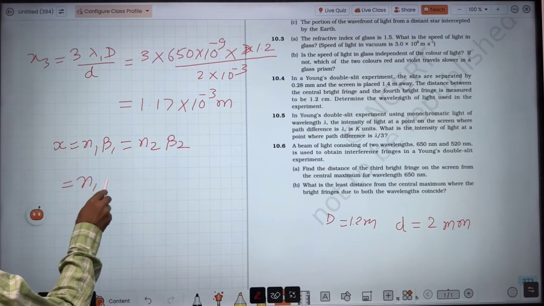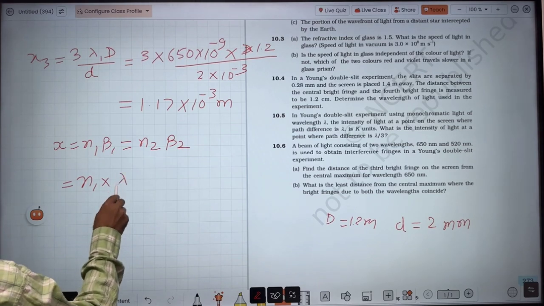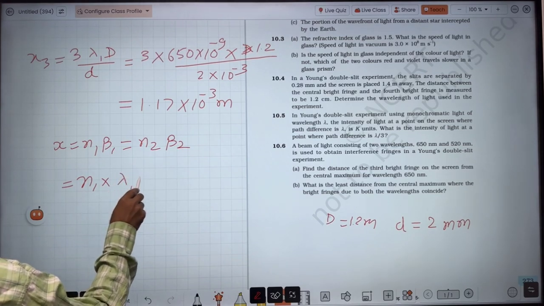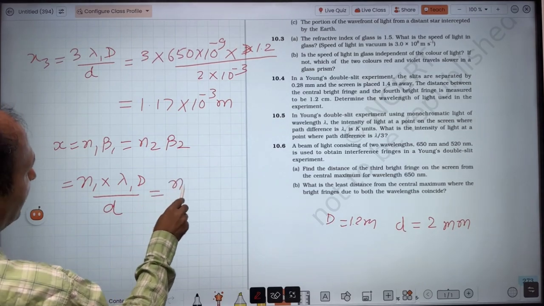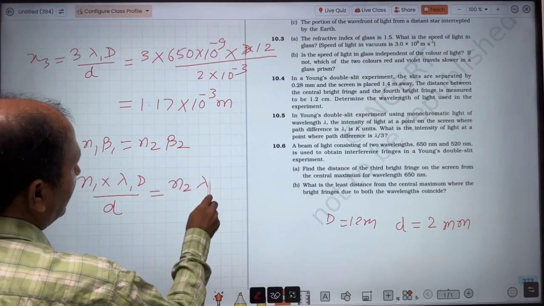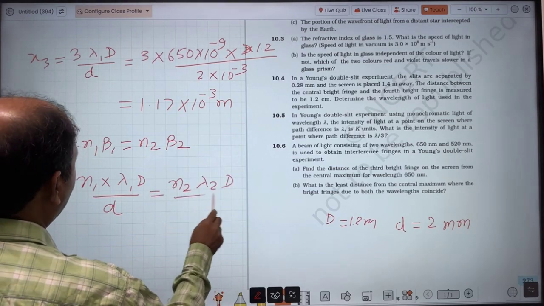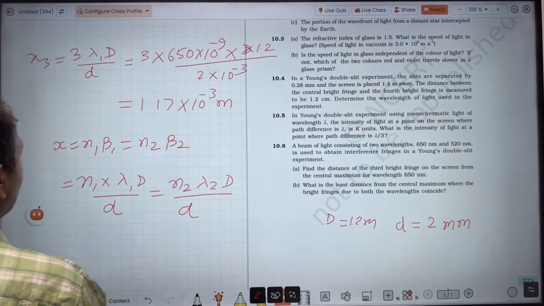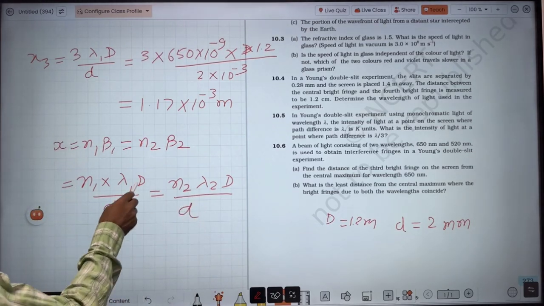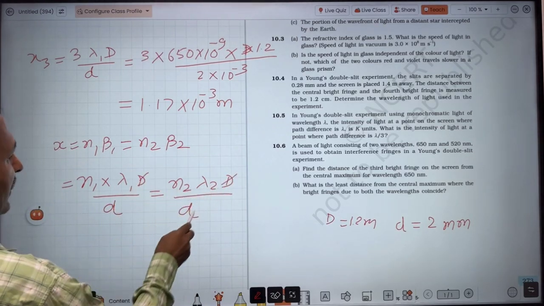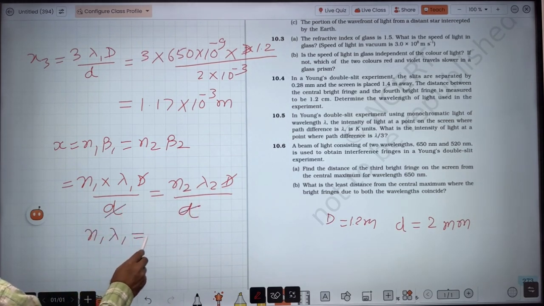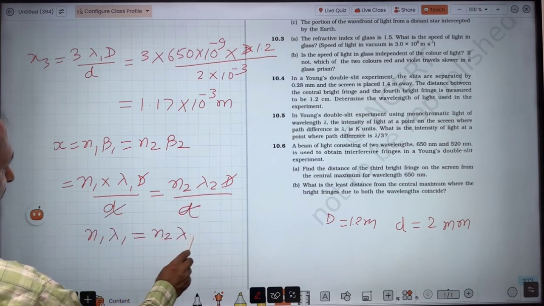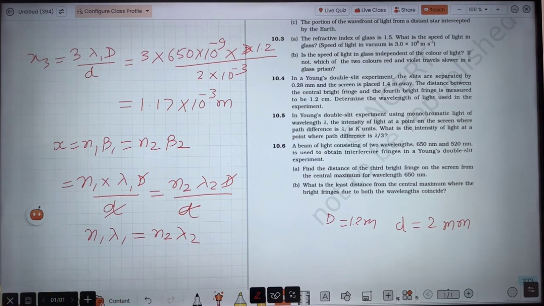So n1 beta 1 is lambda 1 into D divided by small d, which must be equal to n2 into lambda 2 D divided by small d. So here D and d will cancel out. So n1 lambda 1 must be equal to n2 lambda 2, right?